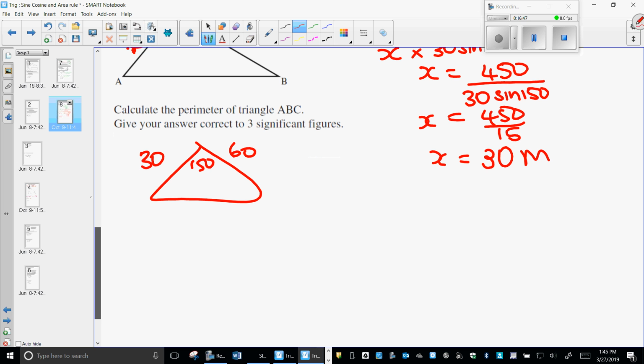Would they always make all numbers? No. That's why I was bemused that it was a whole number. Was that a pun? No. Bemused is a word.